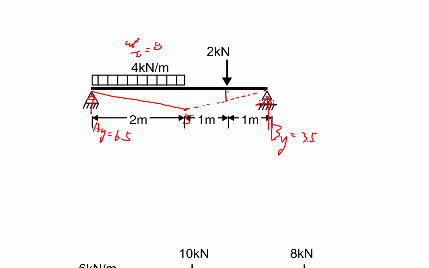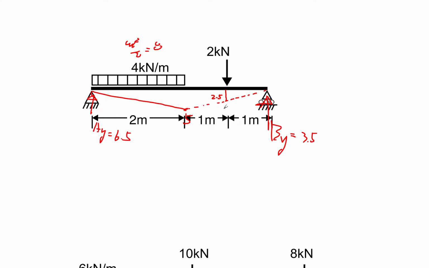And this portion here is 2.5, because it's the middle point of the triangle: 5, 0, 2.5 in the middle. And for the point load acting in the middle of the beam, the moment is PL over 4. So I'm going to say this is something like that. Okay? This is not scaled quite well.